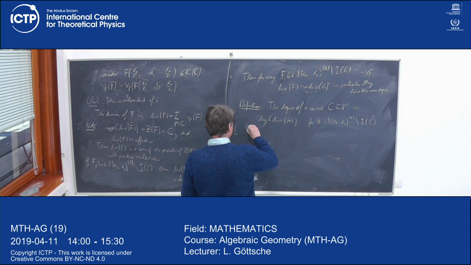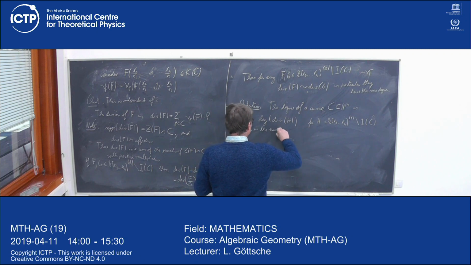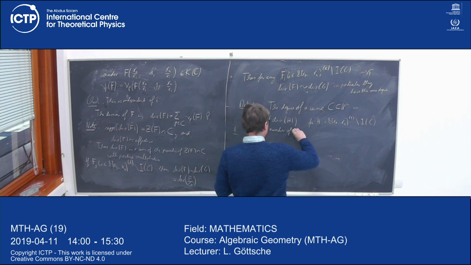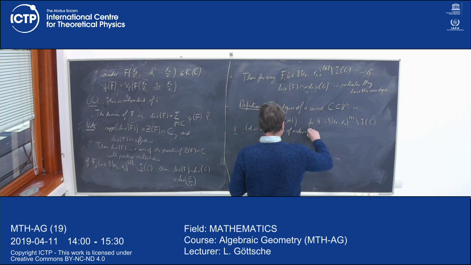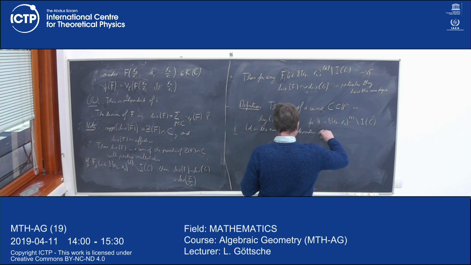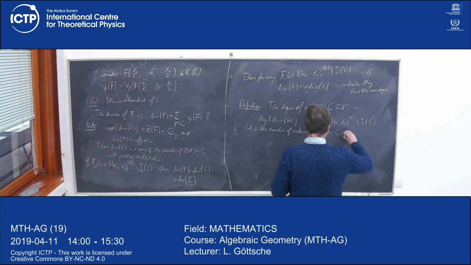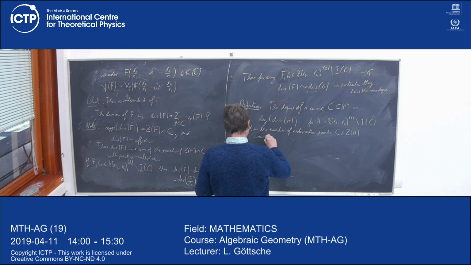So this is the number of points of C intersected with the zero set of H, counted with positive multiplicities.